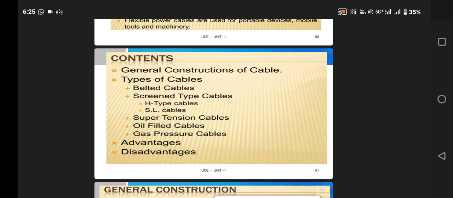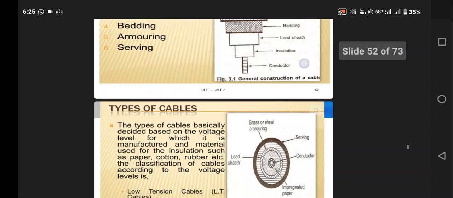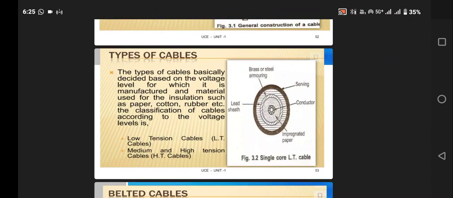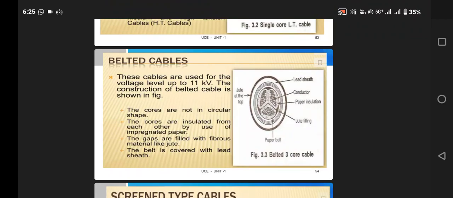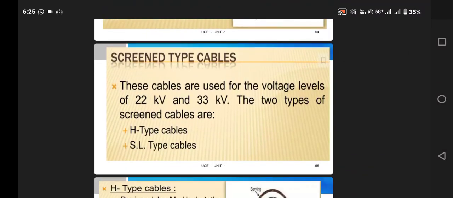These are the general constructions of cables. The construction of a cable consists of a variety of layers. The first one is the conductor, which is also called the core, then insulation, metallic sheath, bedding, armoring, and serving. These are the types of cables: low tension cables, HT cables, belted cables, and screened type cables.